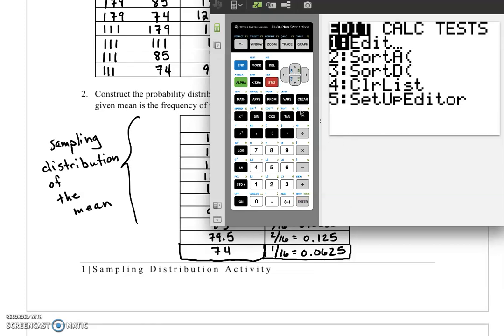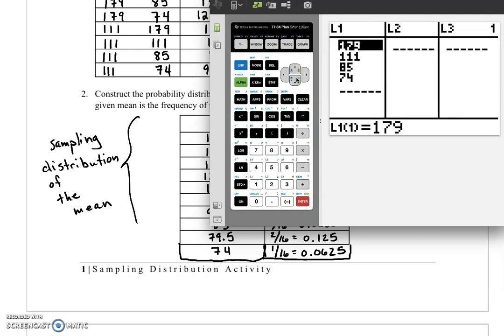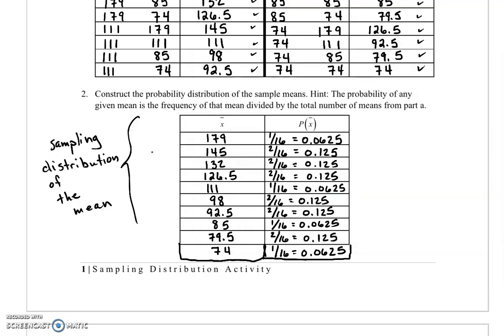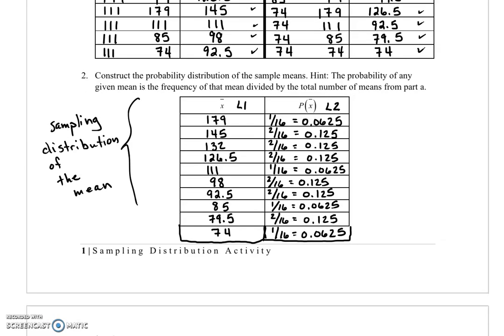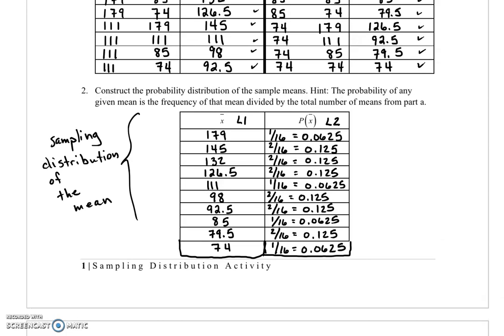We'll go back to our lists and clear out list 1. This time we need to put all the X bars in list 1 and all the P of X bars in list 2. I'm going to stop recording while I do that because I don't think you need to see it.